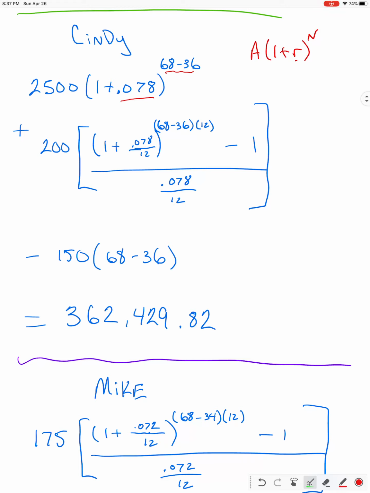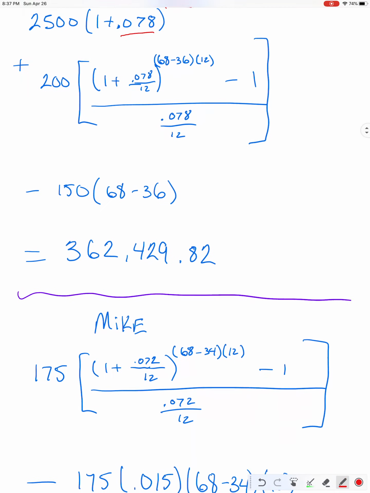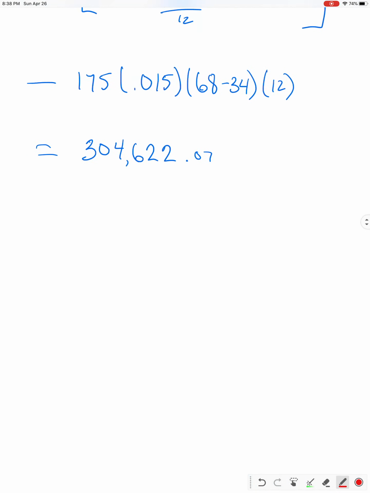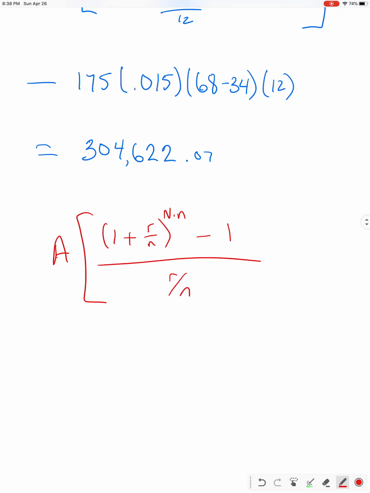But in this case, the rate is 0.078 divided by 12. If I wrote that formula out, I didn't leave myself enough room here, so I write it way down here at the bottom. I have the amount times 1 plus r divided by n, raised to the capital N times little n, and minus 1, all divided by r divided by n.